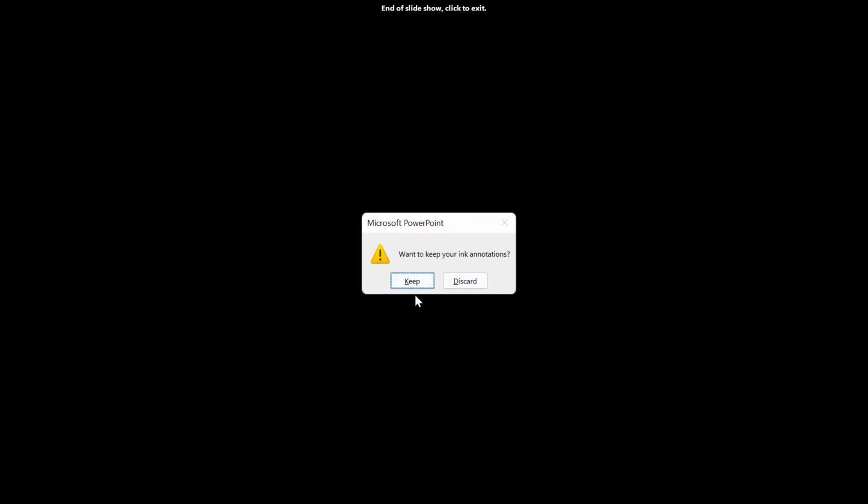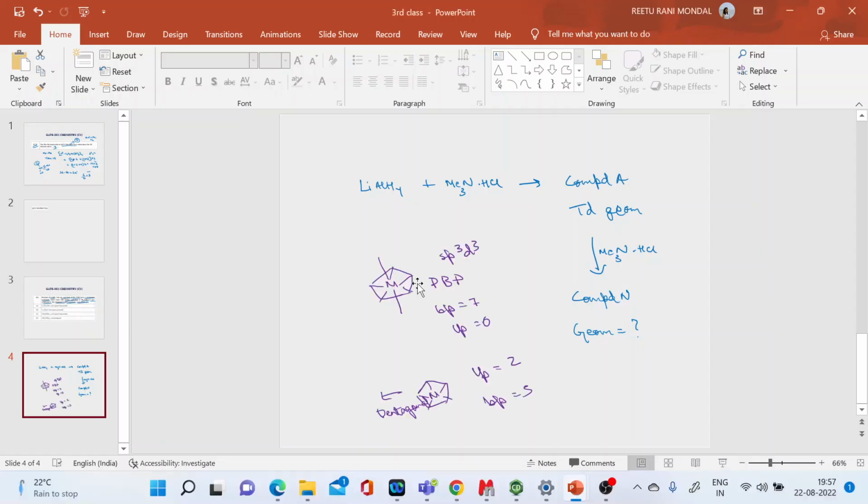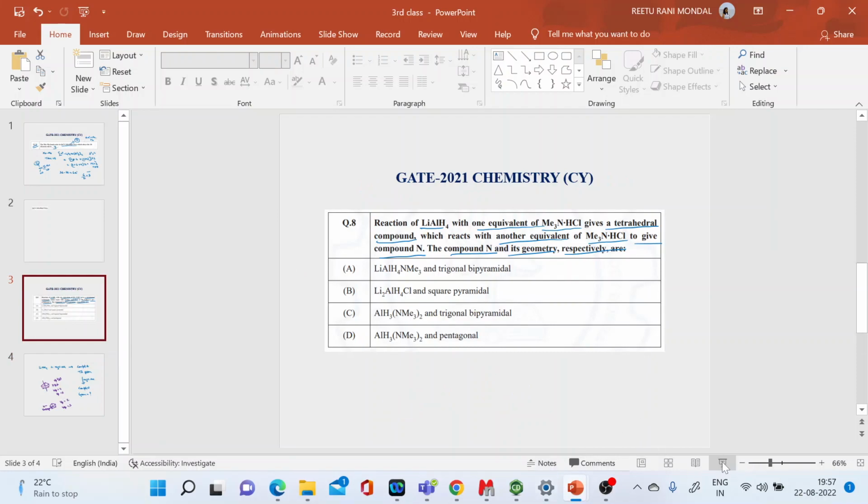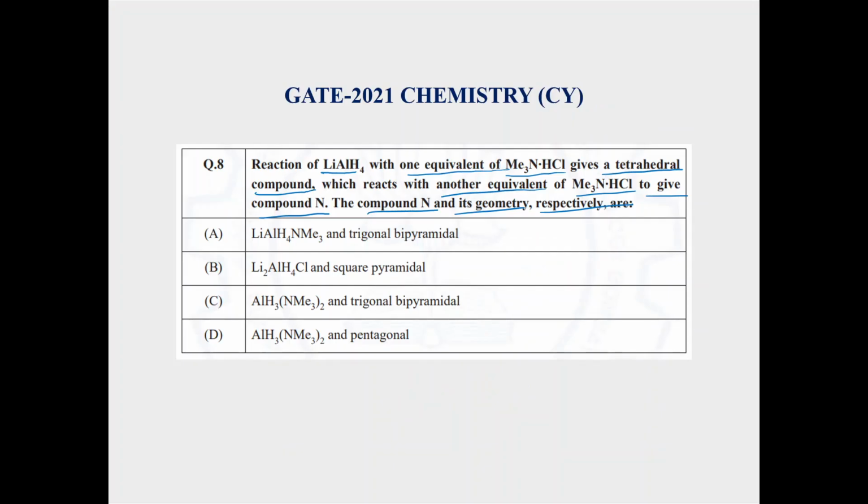Ma'am, here can we say that the complex is changing from tetrahedral to trigonal bipyramidal or pentagonal? If we go from tetrahedral to trigonal bipyramidal, the geometry changes from non-planar to non-planar. But tetrahedral is not planar, so the energy difference is very high if it goes from tetrahedral to pentagonal.